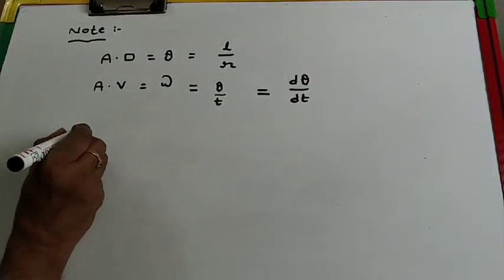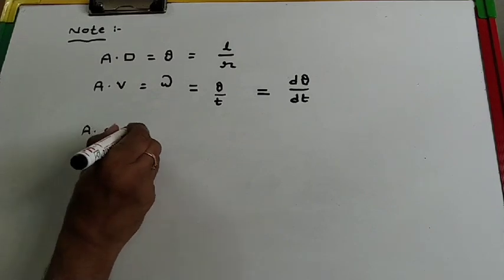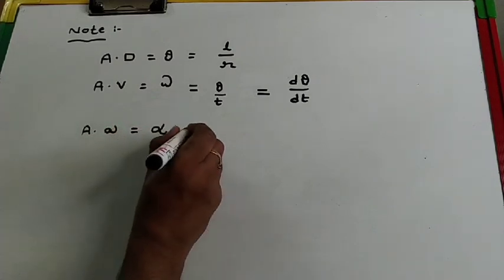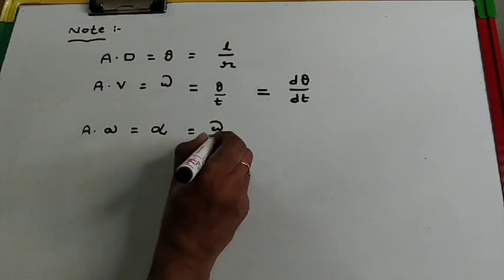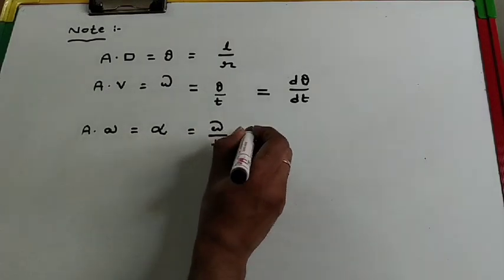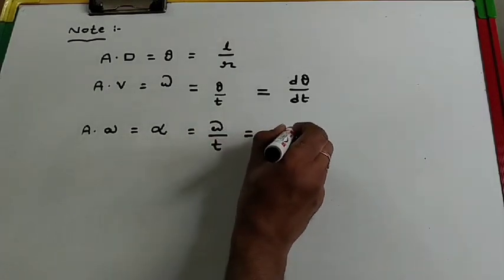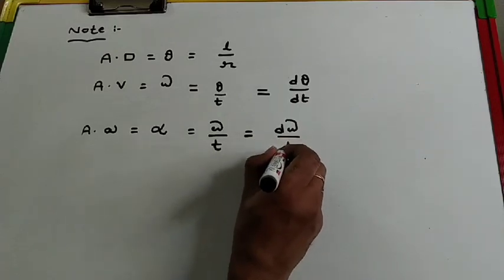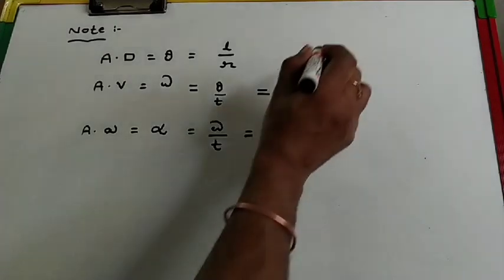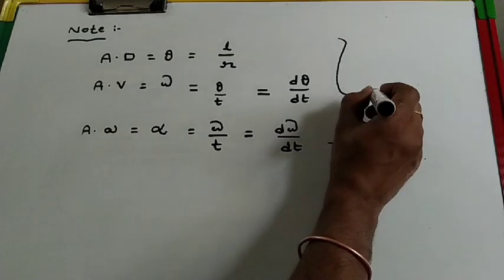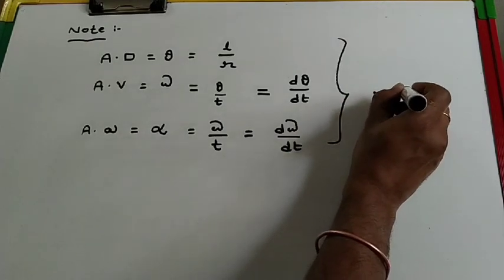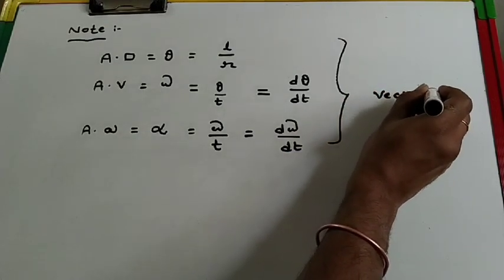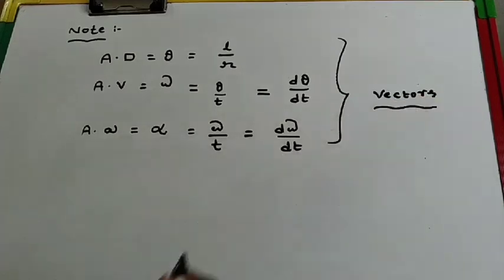Now angular acceleration is equal to alpha, that is equal to omega by t, that is equal to d omega by dt. Remember, all these are vectors only. They have specific direction.